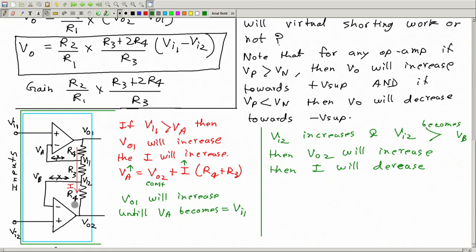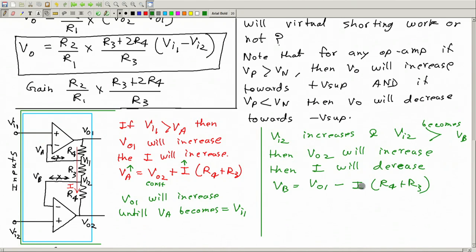And if I decreases, then this potential will go up, because Vb is the same as VO1 minus I times R4 plus R3.